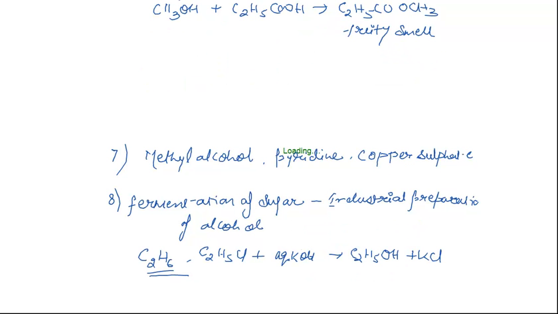We can manufacture alcohol by fermentation of sugar. That is, the sugar can be used for the manufacture of alcohols, whereas ethene, that is C2H4, can also be used for preparing alcohols.